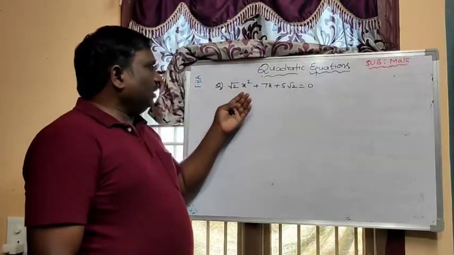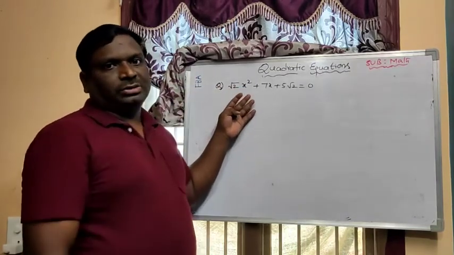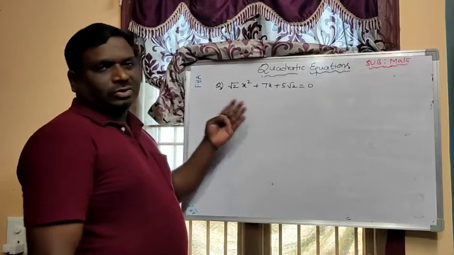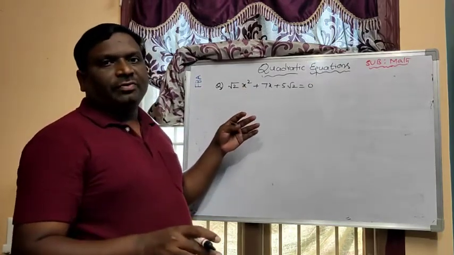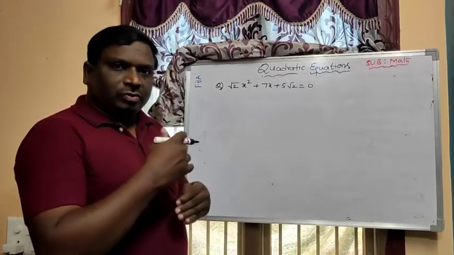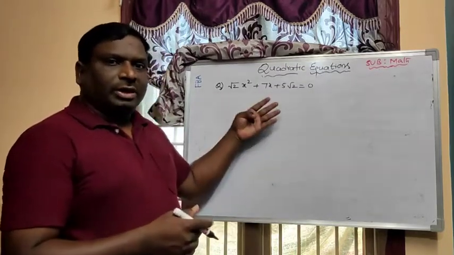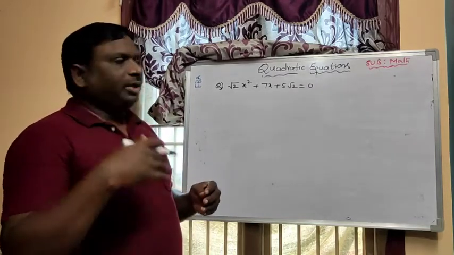Children feel it is difficult when root values are given, but those are also easy. Questions will not be given in a difficult way. When you start thinking, definitely you will get the solution. Without thinking, you feel it is difficult.